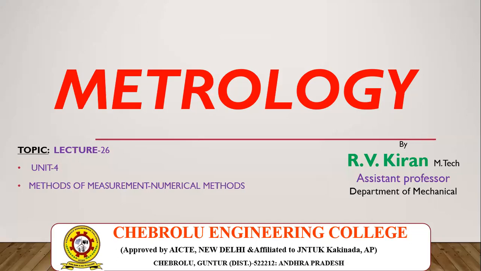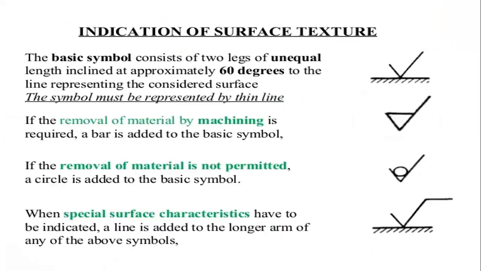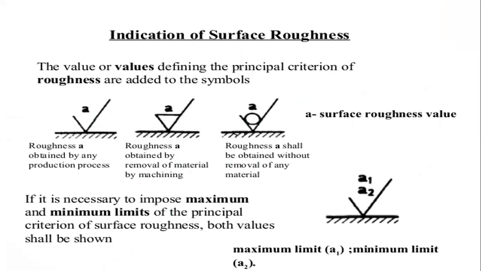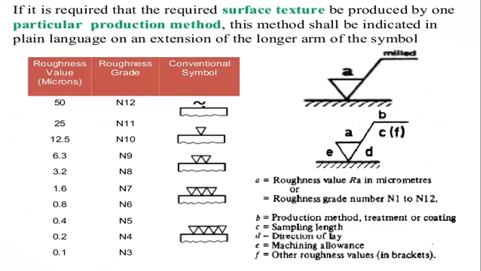So in the previous classes, we discussed the indication of surface textures, different terms and values, and numerical forms.